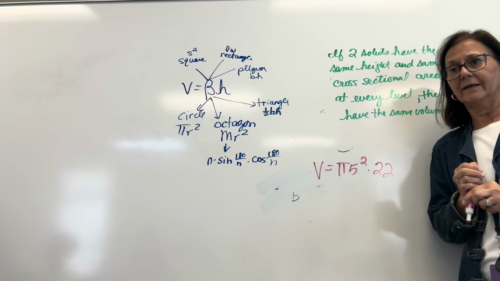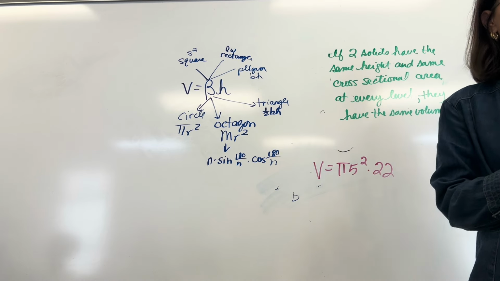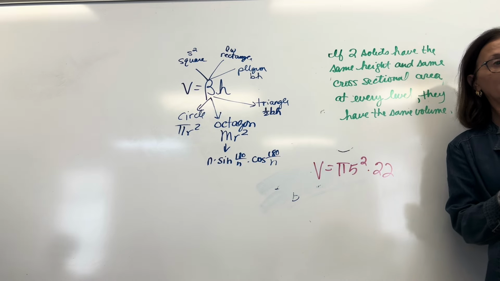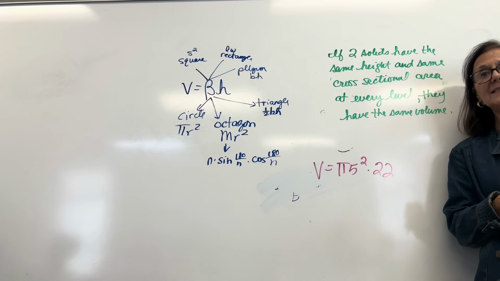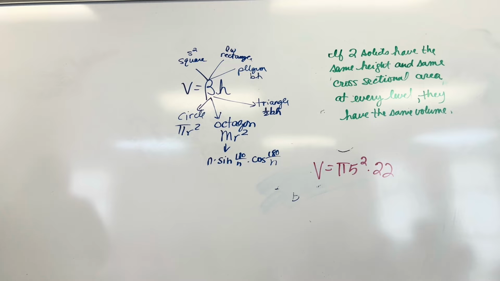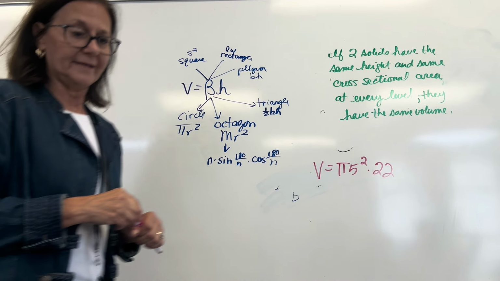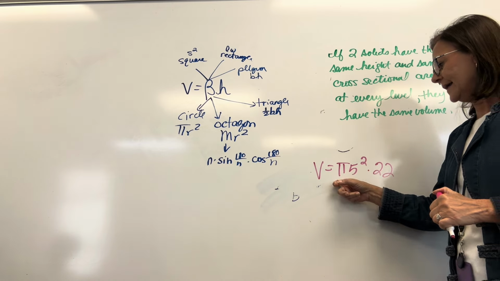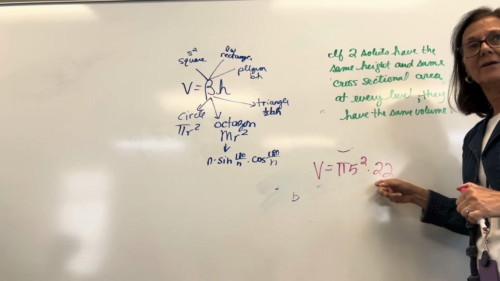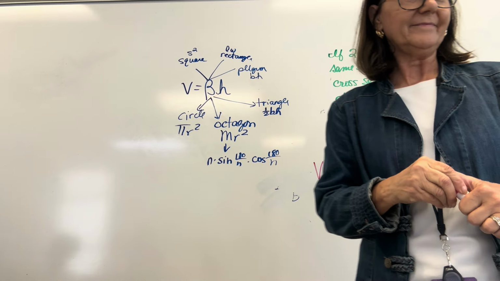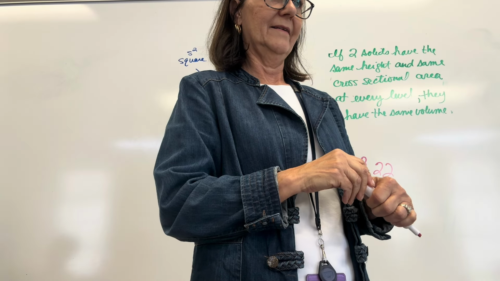You use the pi button, or Shift and the x10 button. Pi times 5 squared times 22. But it'll give a syntax error if you do it in that order.